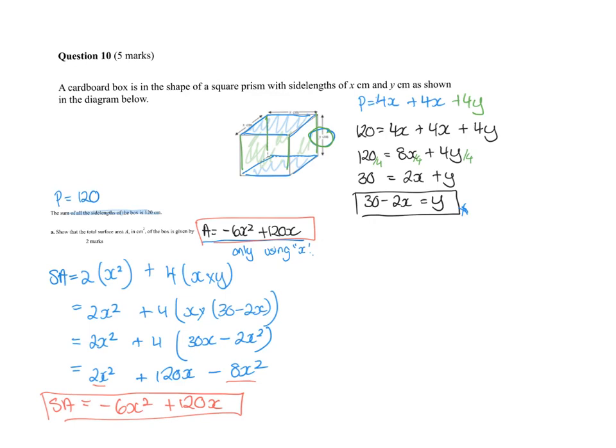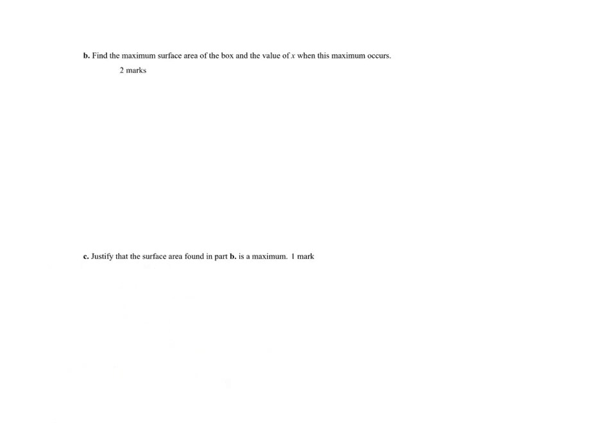Just flicking back. So find the maximum surface area of the box and the value of x when the maximum occurs. So we have a formula for surface area. They said it was negative 6x squared plus 120x. So we sort of have a function.